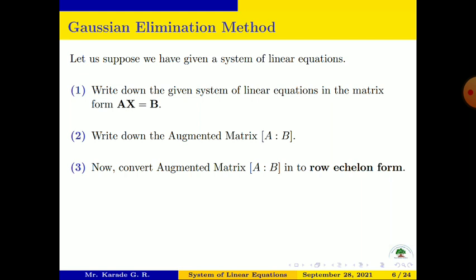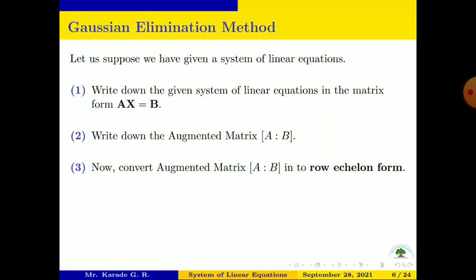Now the third condition is: in two successive non-zero rows, the leading one in the row above must appear on the left-hand side of the leading one in the row below. This is our third condition.